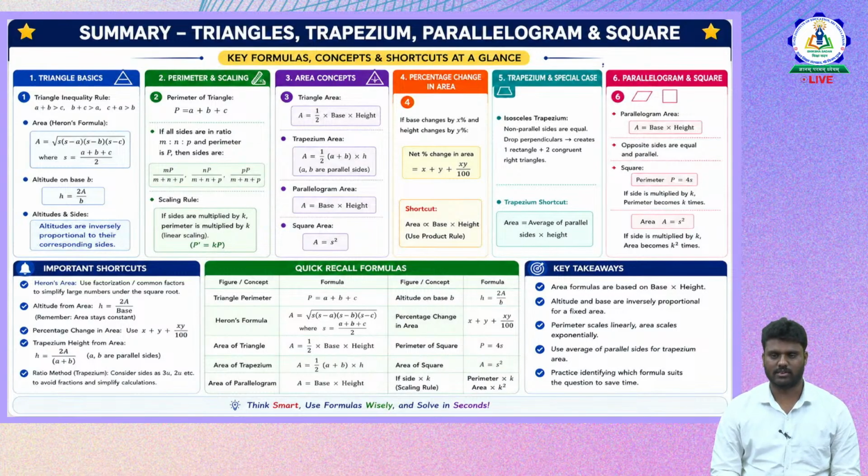We also discussed some questions and concepts based on the trapezium, and special cases where we need to identify the height. And then we also discussed parallelogram and square. So remember the formulas for the square and rectangle, perimeter and area. These are the things which we have discussed in this session.